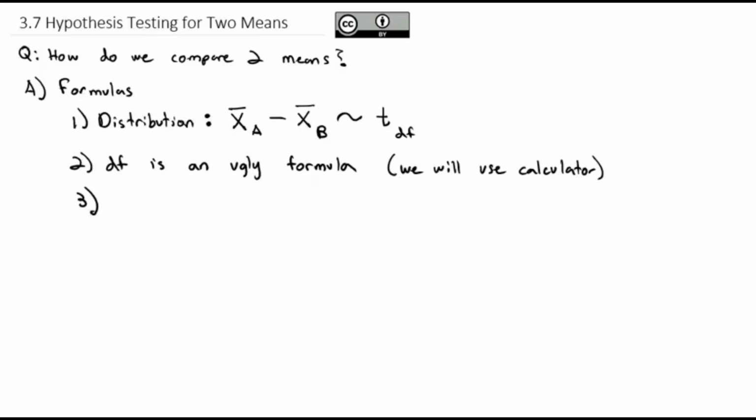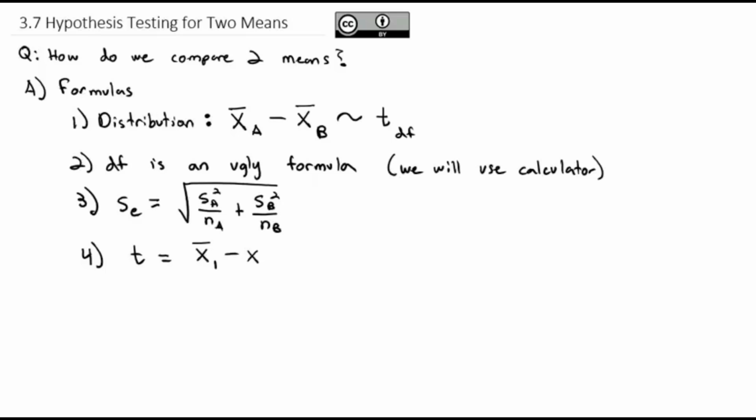We'll also use a calculator to find the t-statistic, but just so that we have it, the standard error for two means is the square root of the first standard deviation squared divided by the first sample size plus the second standard deviation squared divided by the second sample size. And then we use that standard error to calculate our test statistic, t, which is the difference in the means, a and b, divided by the standard error.